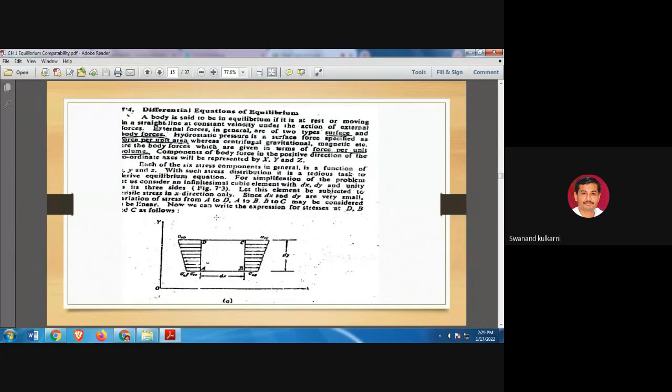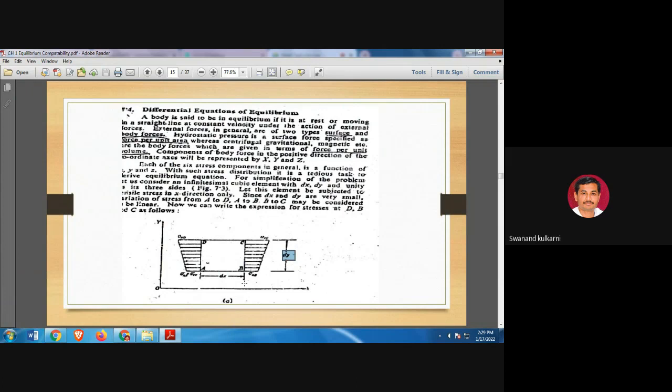Now, this small piece with small components dx and dy. Is it okay? So dx is the dimension which is considered in the x direction, and dy is the dimension which is considered in the y direction. So the small piece along the x direction is dx and the small piece along the y direction is dy.